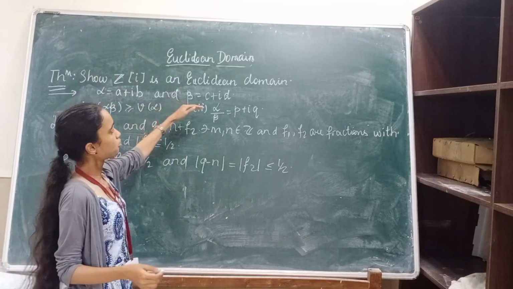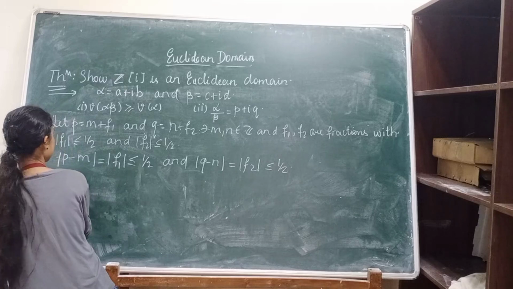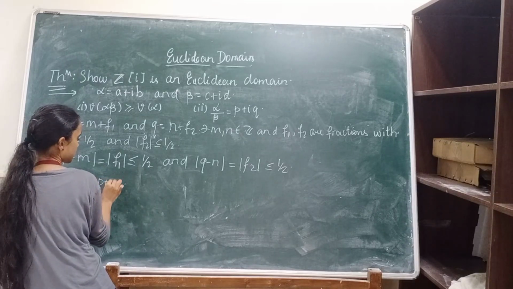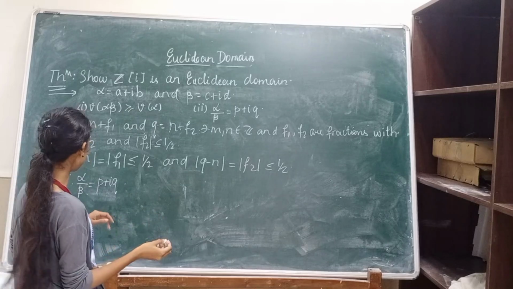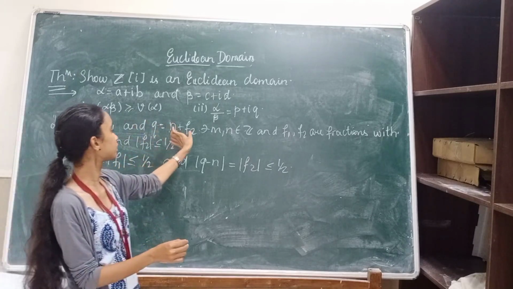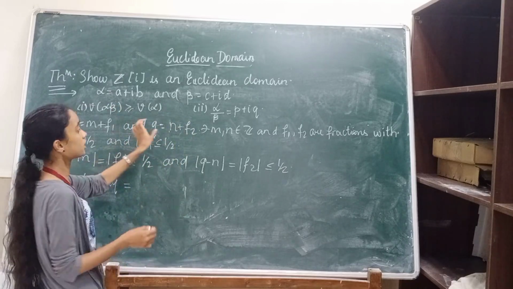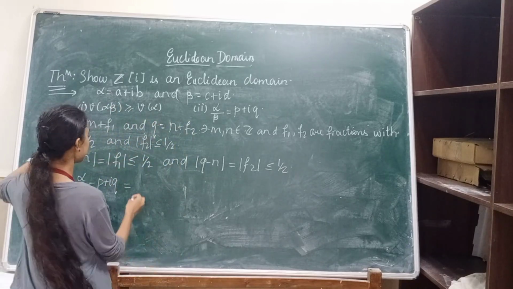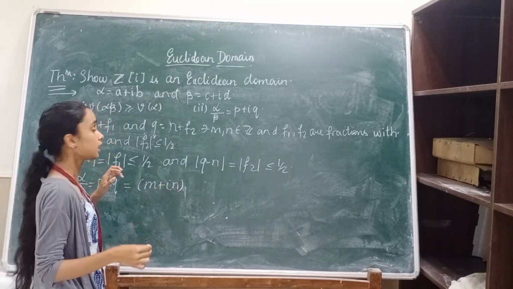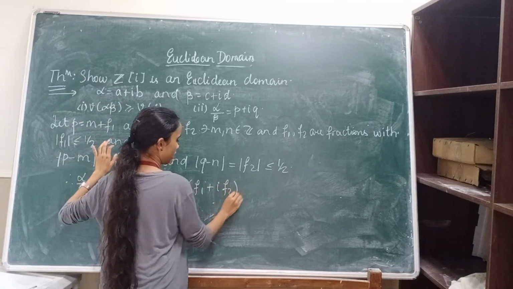Now, we have proved that alpha upon beta is equal to P plus IQ. Therefore, consider that alpha upon beta equal to P plus IQ. Okay, so P is M plus F1 and Q is N plus F2. So if we take P plus IQ, what we get is (M plus iota N) plus (F1 plus iota F2).